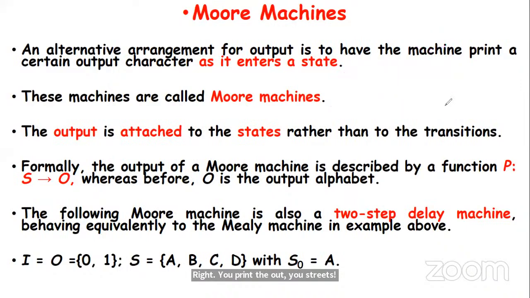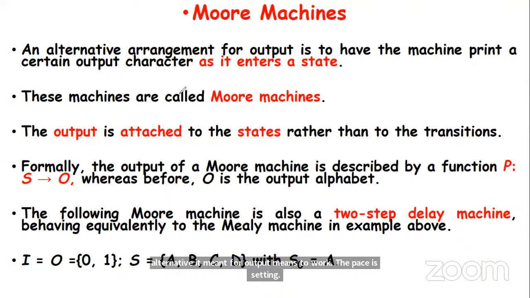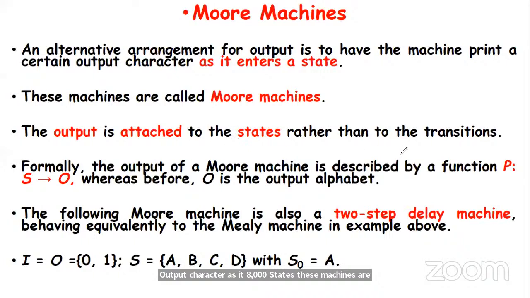So let's read that so that we can understand the concept first. An alternative arrangement for output is to have the machine print a certain output character as it enters a state. These machines are called Moore machines.